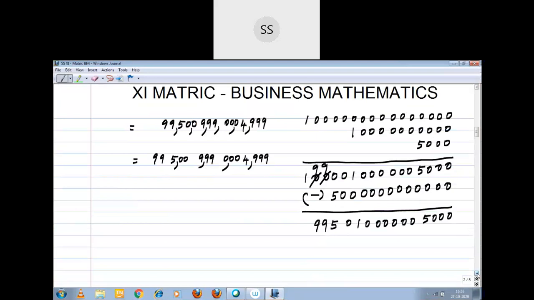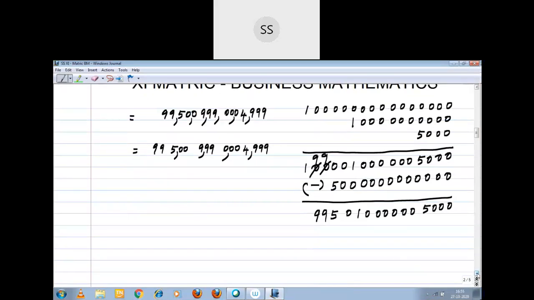This is minus. Now, 10 minus 5, 5. Here it becomes 9. Here it becomes 9. So, 9, 9. Got it, children? Next, which one you want to subtract?